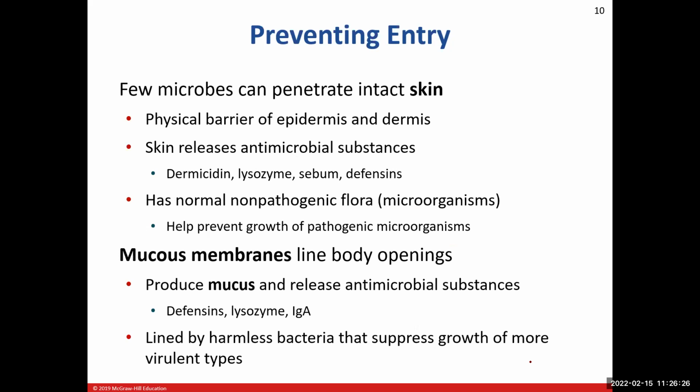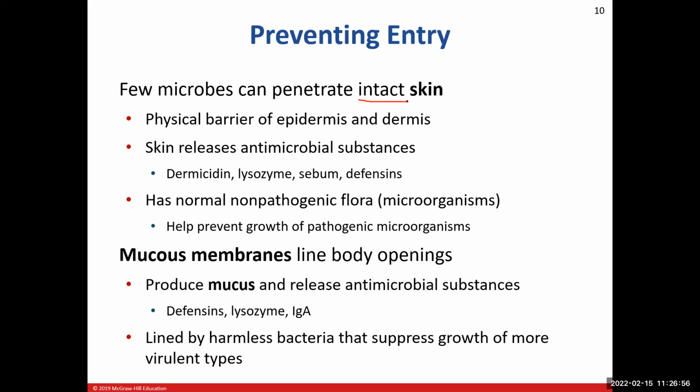That is important. So how do we keep things out? Well, our skin. And notice this important descriptor here: intact skin. Obviously, you don't want to have a cut or tear in the skin. The skin needs to be intact. And so intact skin makes it very difficult for pathogens to enter.